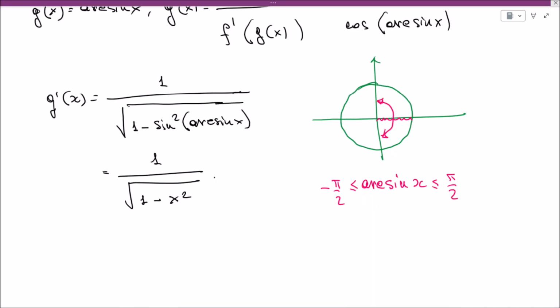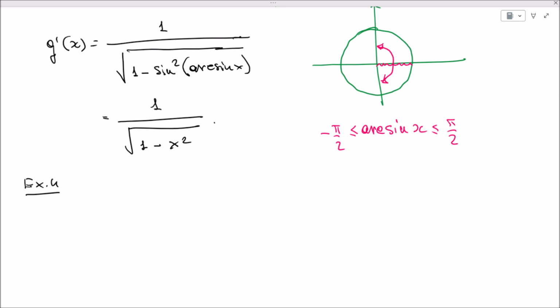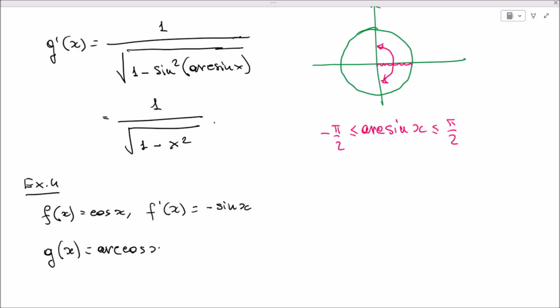Now, in a similar way, we can compute the derivative of the inverse of the cosine. So let me go to example 4. We consider now f of x as the cosine of x, and we know that f prime of x is equal to minus sine of x. Now we would like to find the derivative of g of x, which is the arc cosine of x.